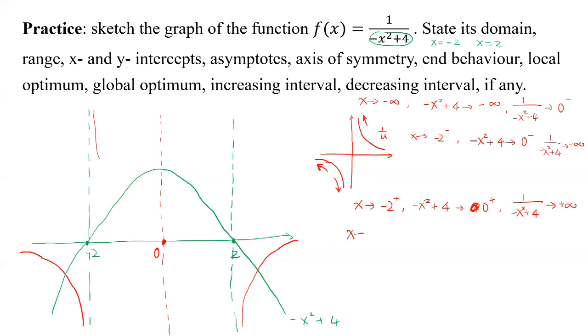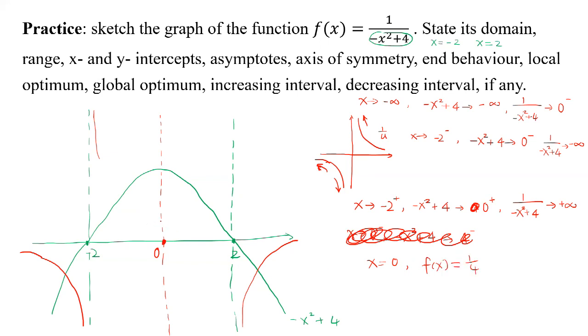When x approaches 0 from the negative side, minus x squared plus 4 approaches 4. Actually, x can be 0. When x equals 0, f(x) equals 1/4.